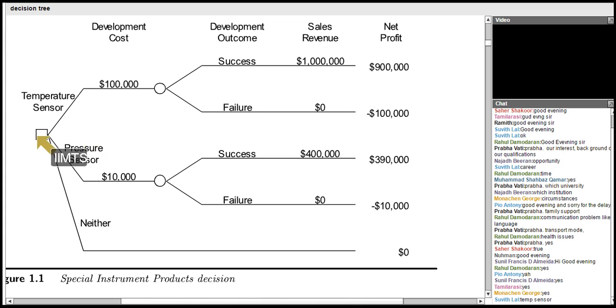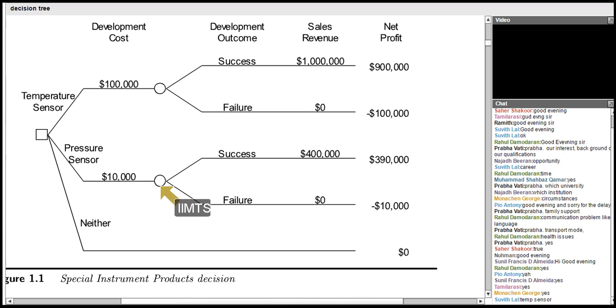Now, if we decide to produce the pressure sensor, it's going to cost us $10,000. If it's successful, the revenue that's going to come in is $400,000. But what is the net profit? We have to take away the cost of development from the sales revenue to have $390,000.